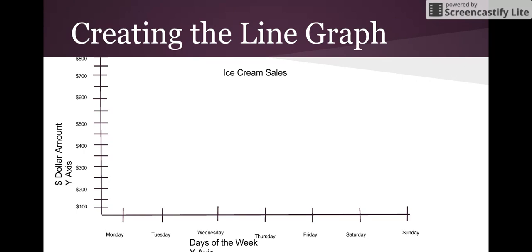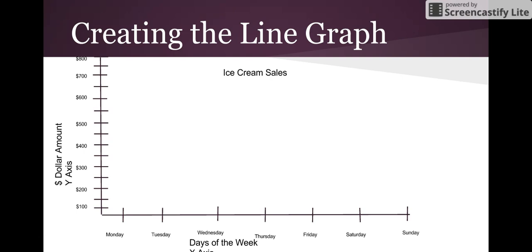So, students, a line graph is always given with a y-axis and an x-axis. The x-axis is my horizontal. The y-axis is my vertical. So, this is a good one.